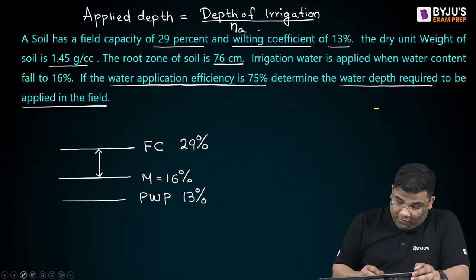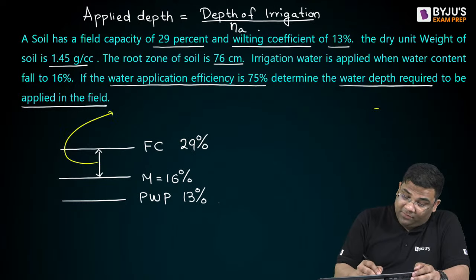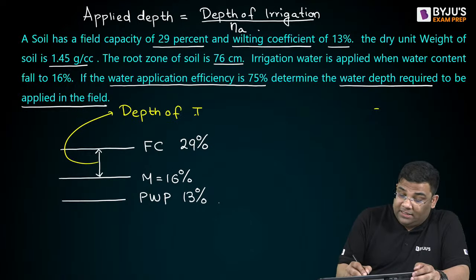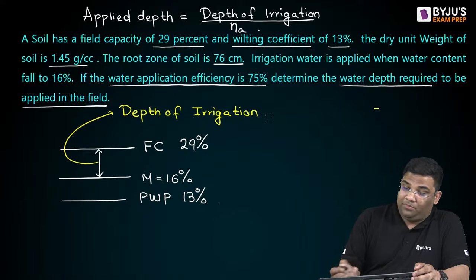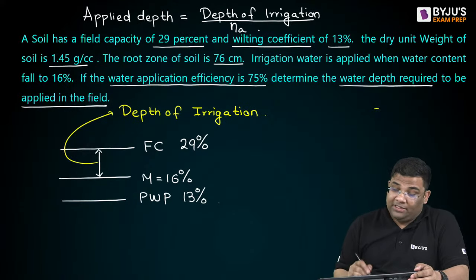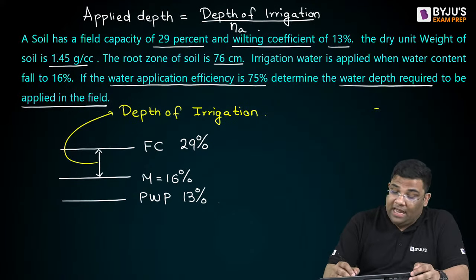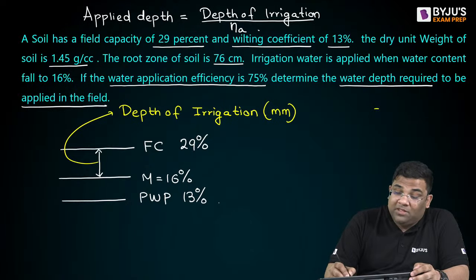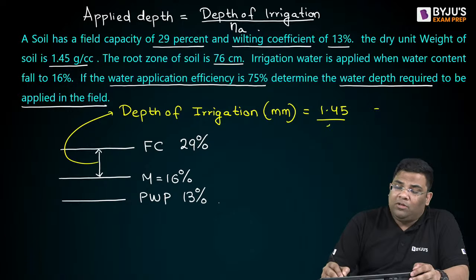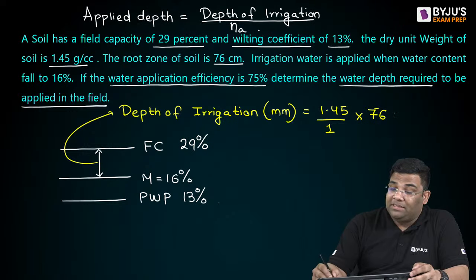So from here you can find the depth of irrigation. Many students have found the answer. Suppose I'm asking the depth of irrigation in mm. This depth of irrigation will have this formula: gamma D is 1.45, gamma W is obviously 1, and the depth of root zone is 76 centimeters, which I'll convert into mm.